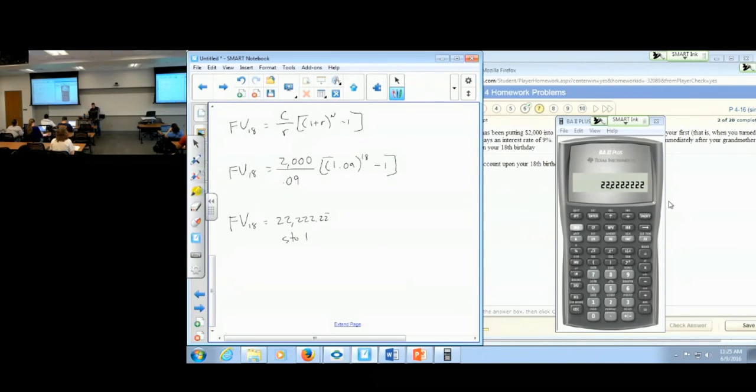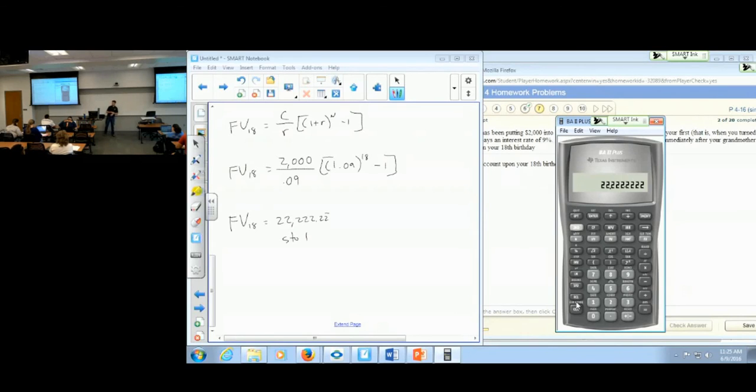In order to do that, while that number's on the screen, I'm going to hit the STO key, which is just to the left of the 4. And then I'm going to press the number 1 key. What that did is store the full 13 decimal version of that number on the number 1 key for me, and I can recall the full number anytime I want.